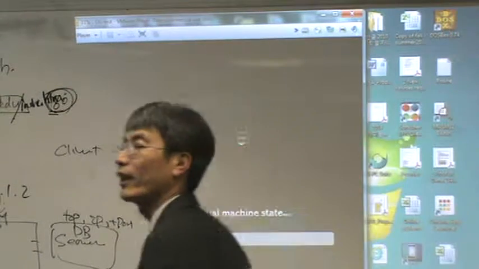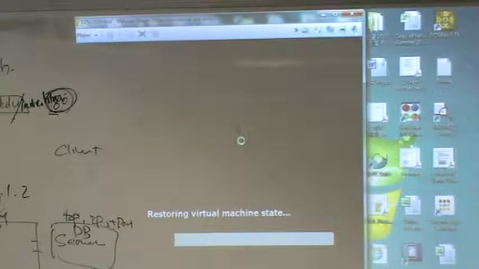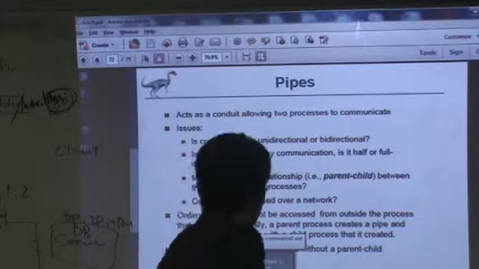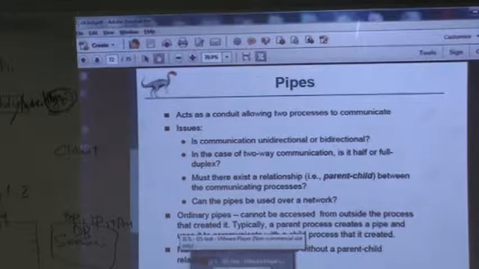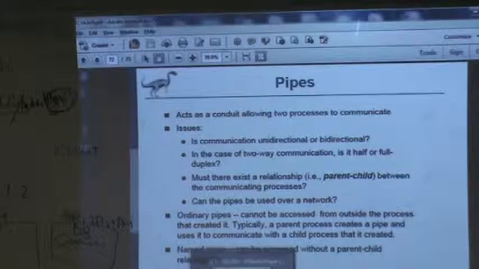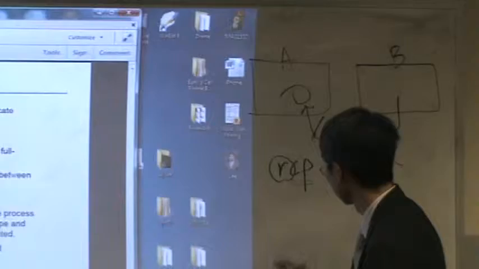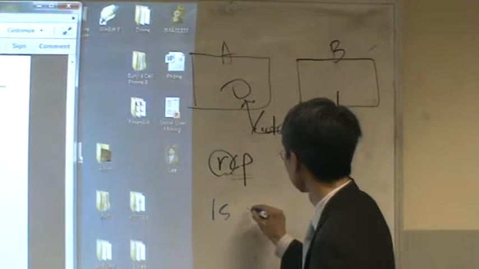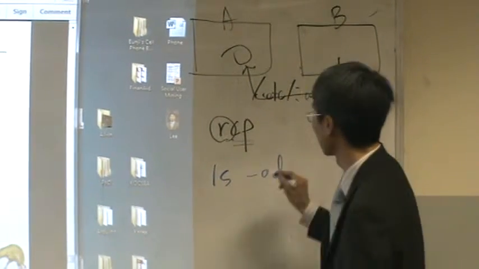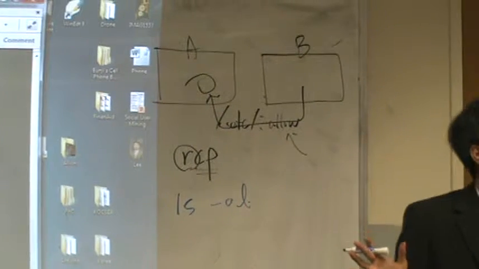But you have already seen the pipe structure. For example, what is the ls command in Unix?